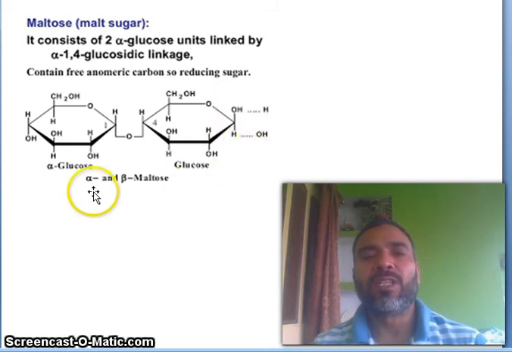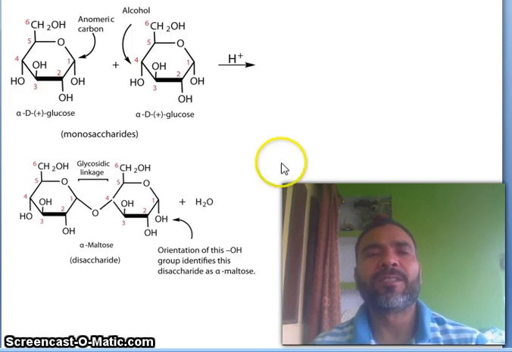So this is alpha and beta maltose. It depends. If OH is down here, then it is alpha maltose. If OH is up, then it is beta maltose. That one is important for objective exams. Now you see the anomeric carbon. This is hemiacetal, this is also hemiacetal.